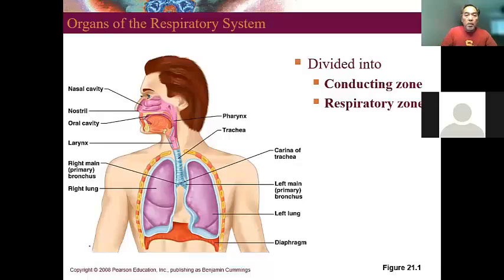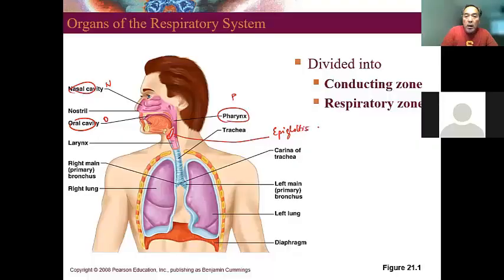Okay, so I mentioned that air goes between the nasal and oral, O-N. Then it goes into the back of the mouth. That's going to be your pharynx, B. And then this part here, above the larynx, is what we call the epiglottis.